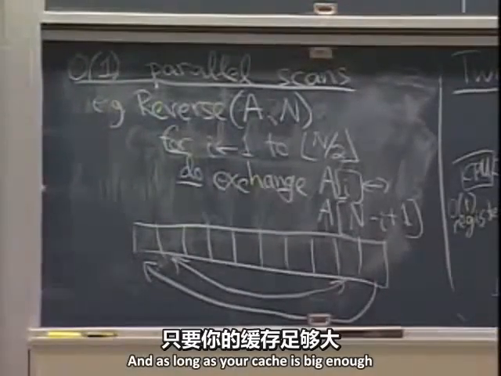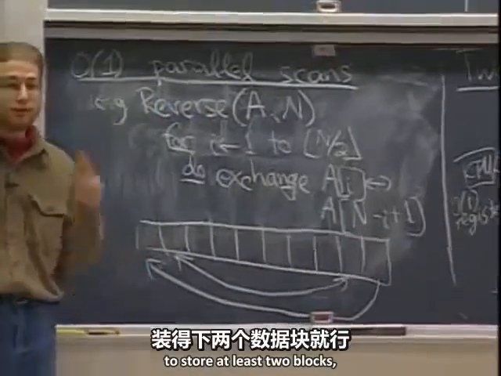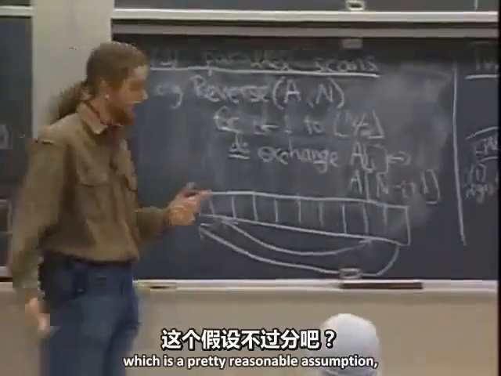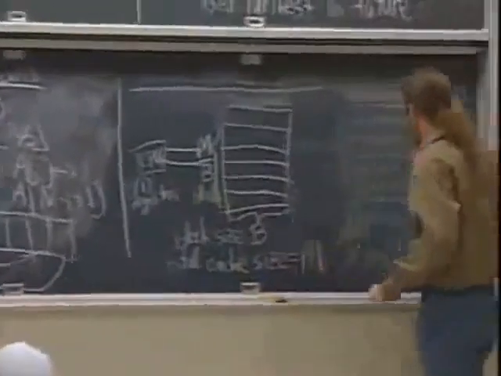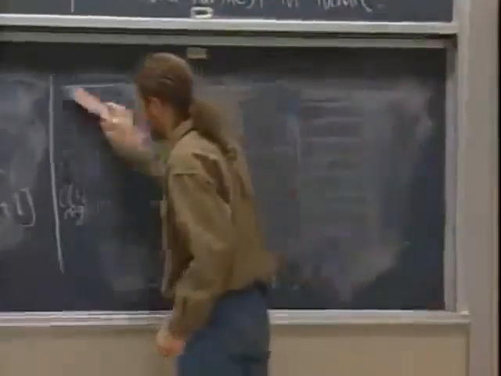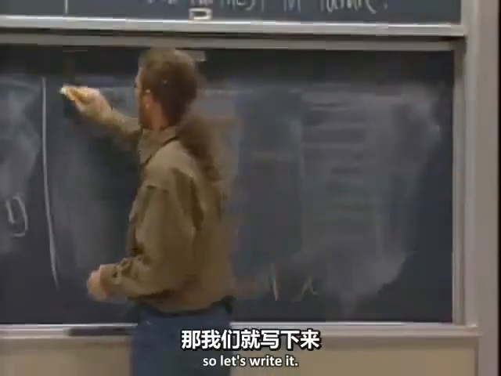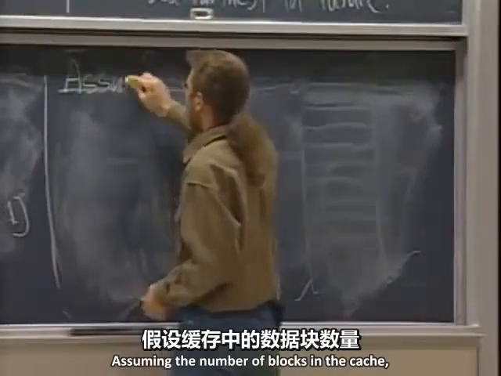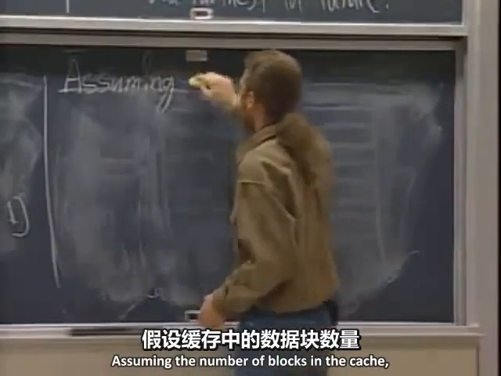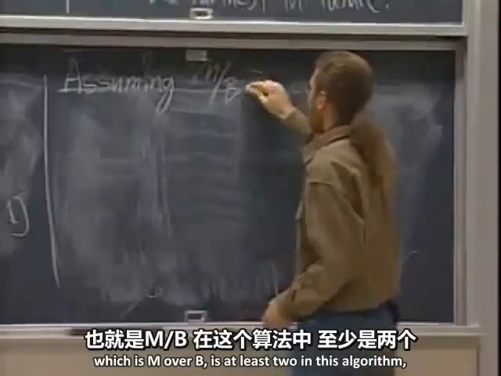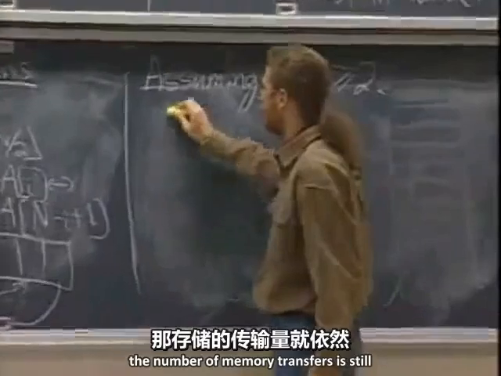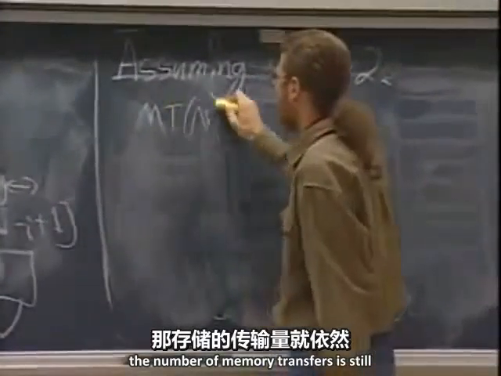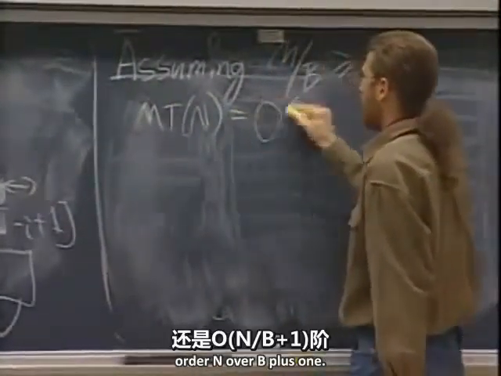And as long as your cache is big enough to store at least 2 blocks, which is a pretty reasonable assumption, so let's write it. Assuming the number of blocks in the cache, which is m over b, is at least 2, in this algorithm, the number of memory transfers is still order n over b plus 1.